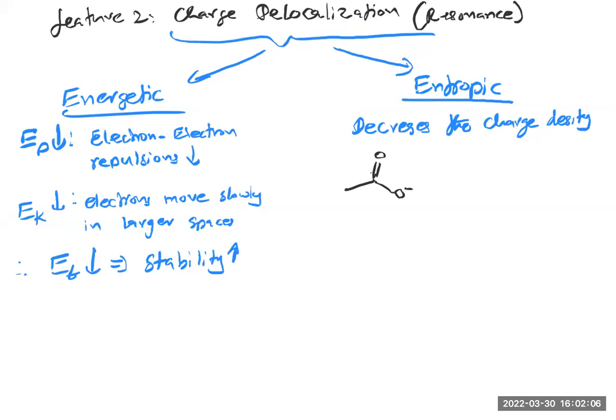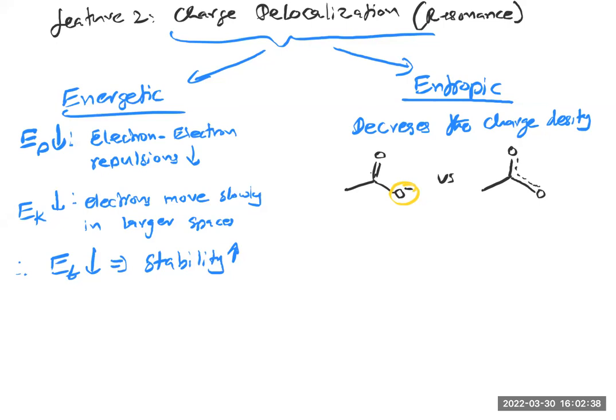If not for delocalization, the charge is localized on just one atom, one small region in space. However, because the resonance or delocalization occurs here, it makes this charge distributed in a larger space.